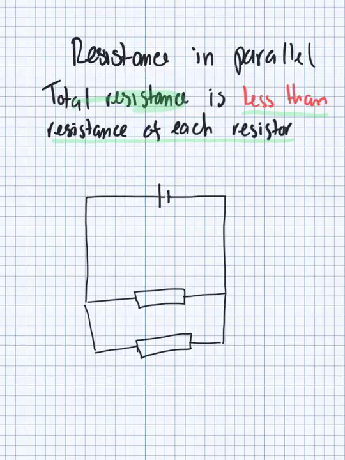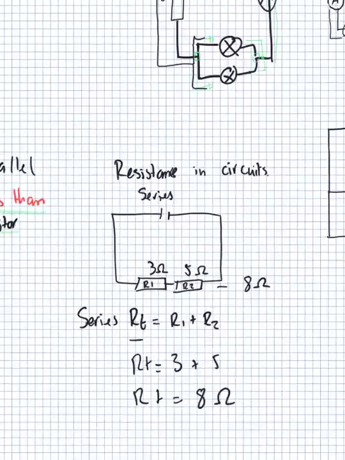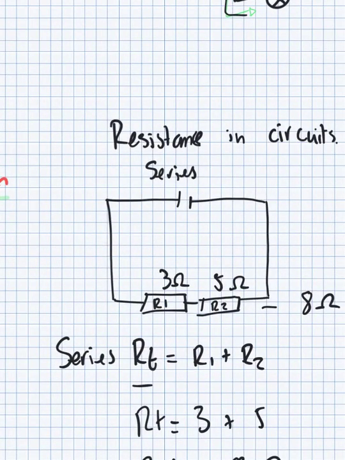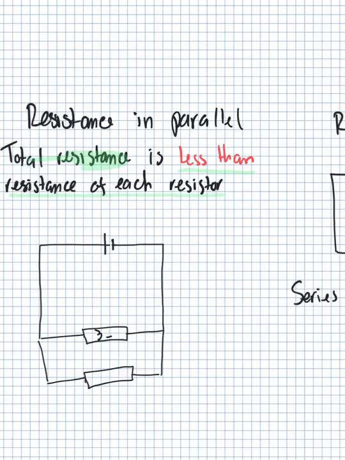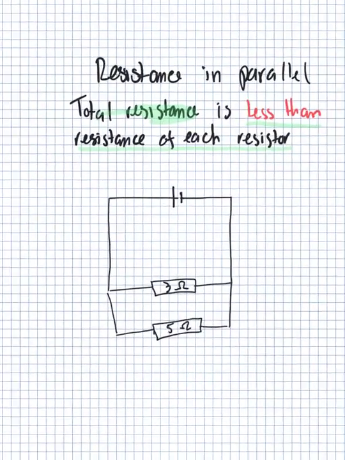So in this example we'll just use the same resistors as before, which to remind ourselves was 3 and 5. So we've got 3 ohms here and 5 ohms here.